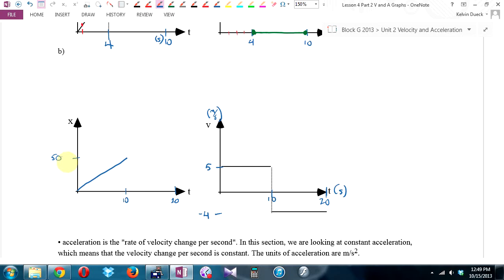Then what? Now we start heading backwards, apparently. What's my velocity here? Careful. -4. That is a direction component. That means my slope is going to be negative.